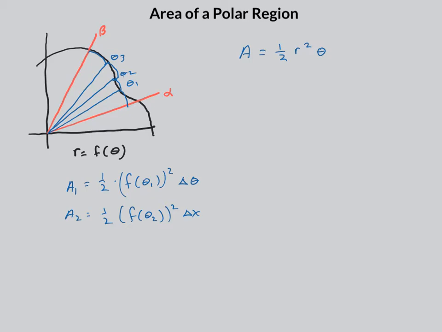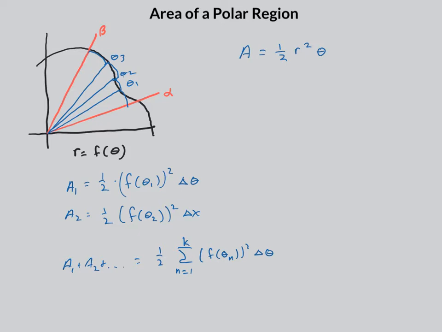And so I can take these and add them up, and say that the sum of my areas, area 1 plus area 2 plus dot dot dot, is going to be 1/2 times the sum as n equals 1 to k of f of theta sub n, that thing squared, times delta theta.